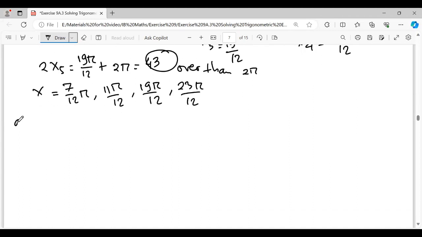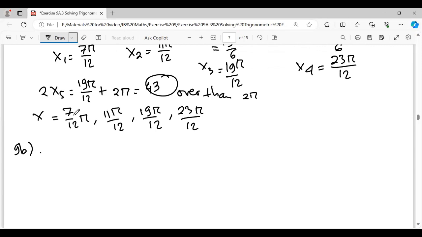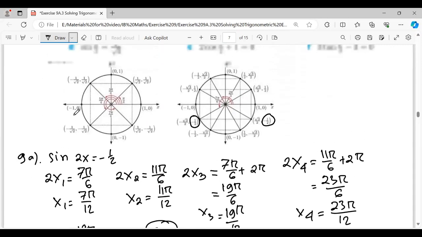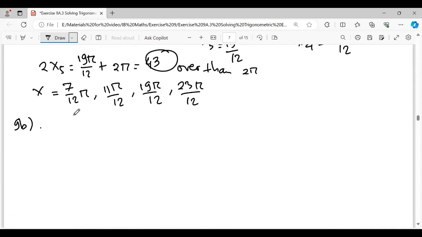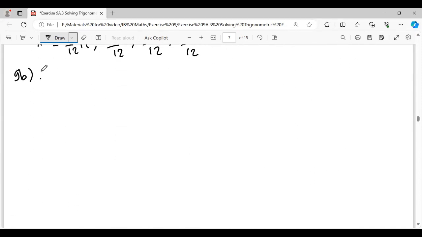9b. 9b question is cosine 3x equals root 3 over 2. So 3x1 equals pi over 6.